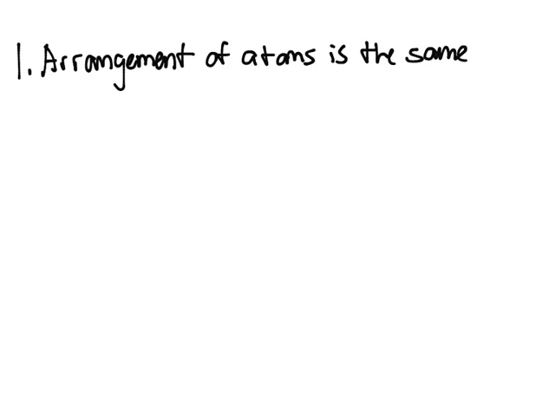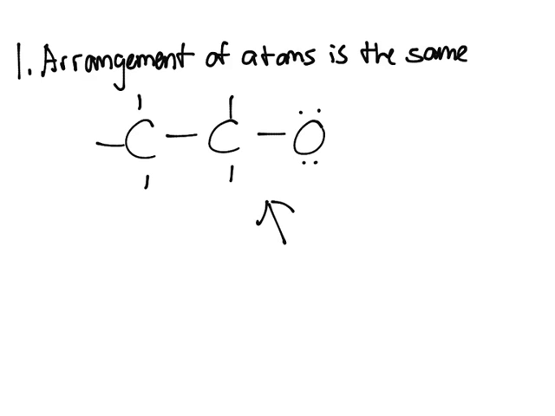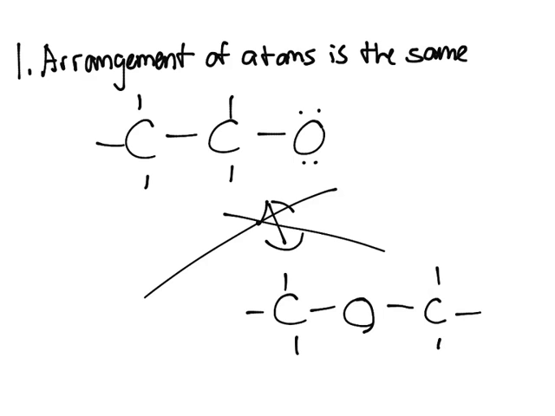Meaning if you have a carbon and an oxygen there, for example, I won't draw out the hydrogens, you can't move this oxygen like this and this, for example. Let's pretend that's an oxygen. These would not be resonance structures.